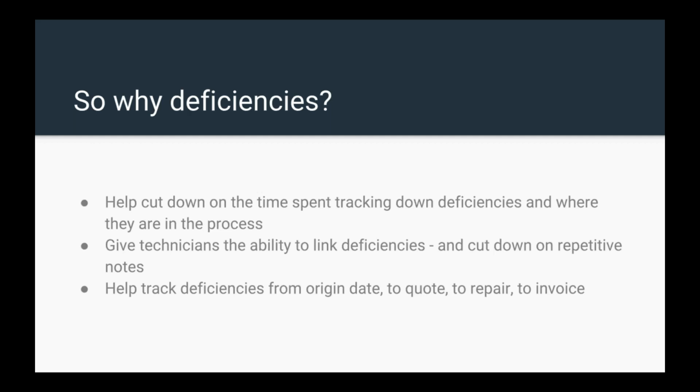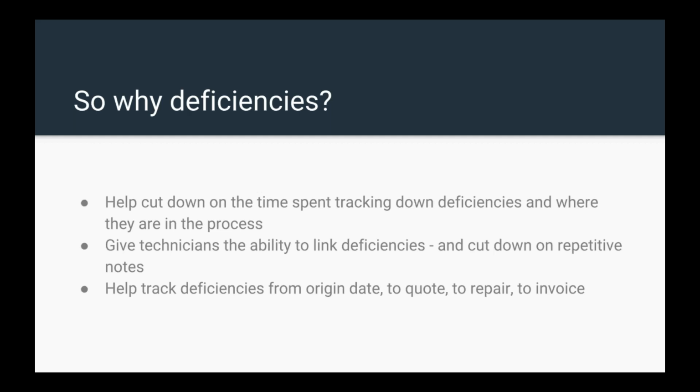We also listened to a lot of feedback from technicians about linking deficiencies. If a deficiency was already identified, they wanted to be able to roll over some of those notes. So now we have the ability to link existing deficiencies to newly identified deficiencies if it's the same deficiency.